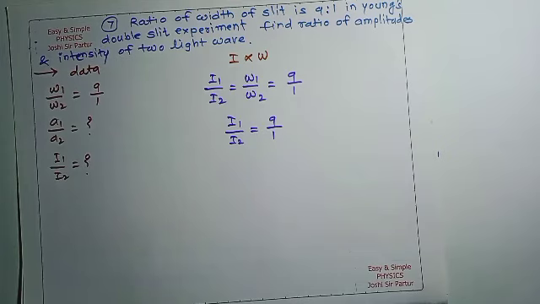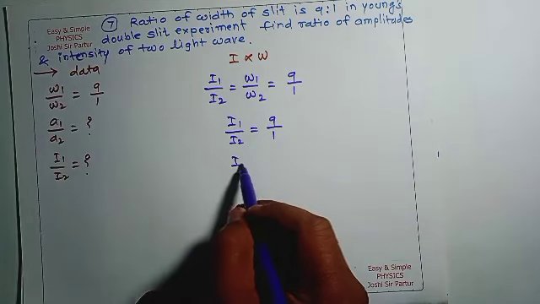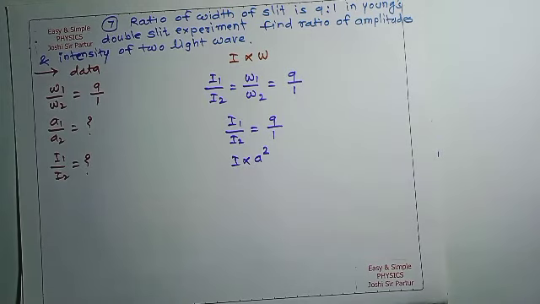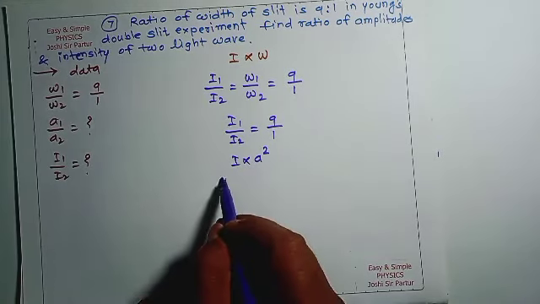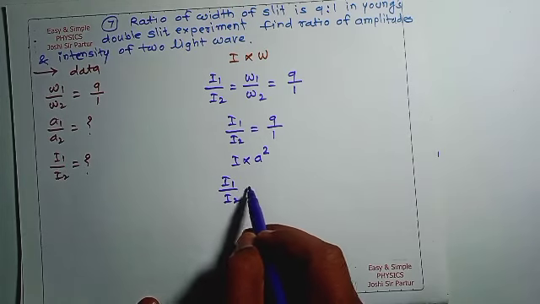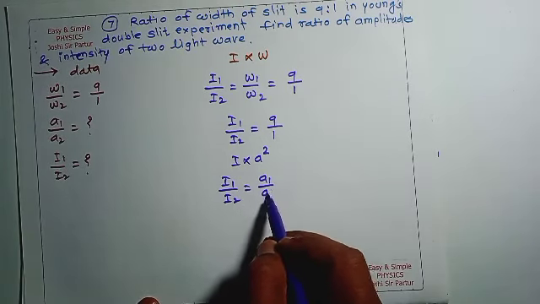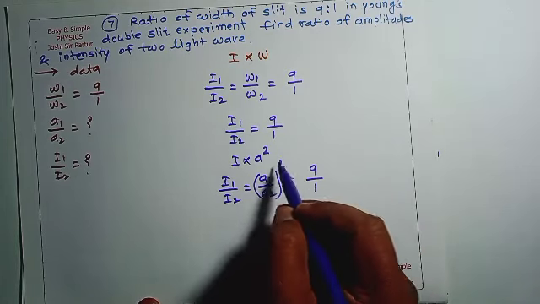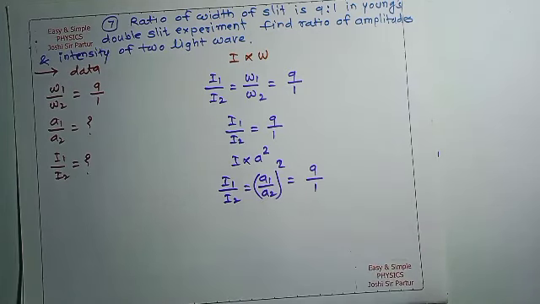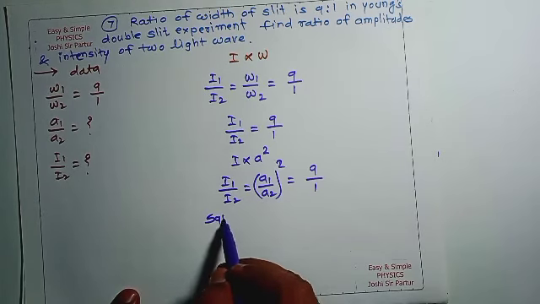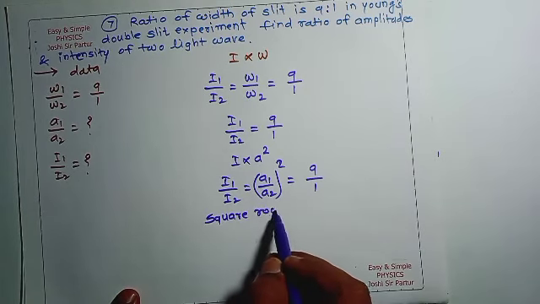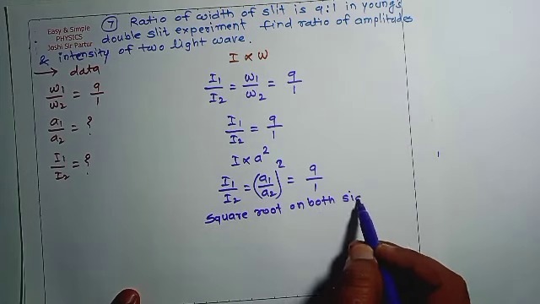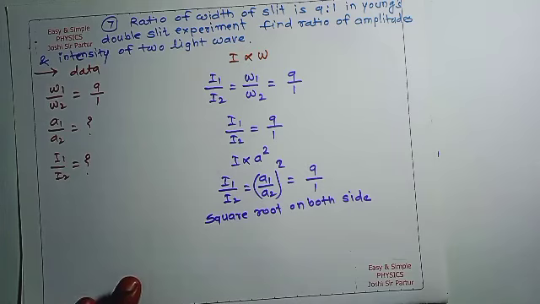We know that intensity is directly proportional to the square of amplitude by using Malus's law. So I1 upon I2 will be A1 upon A2 bracket square, which is 9 upon 1. Take the square root on both sides.